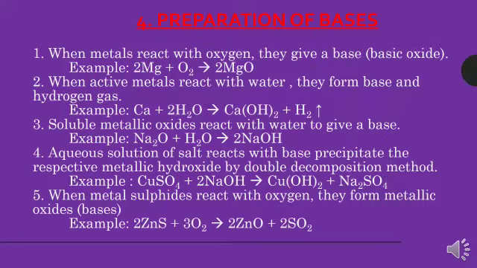See this example, copper sulfate when reacts with sodium hydroxide gives copper hydroxide and sodium sulfate. Now next point, when metal sulfides react with oxygen, they form metallic oxides along with sulfur dioxide gas. Let us take an example. Zinc sulfide with oxygen gives zinc oxide and sulfur dioxide gas.